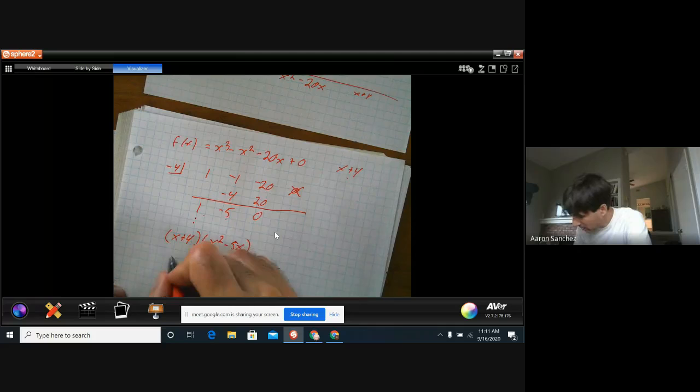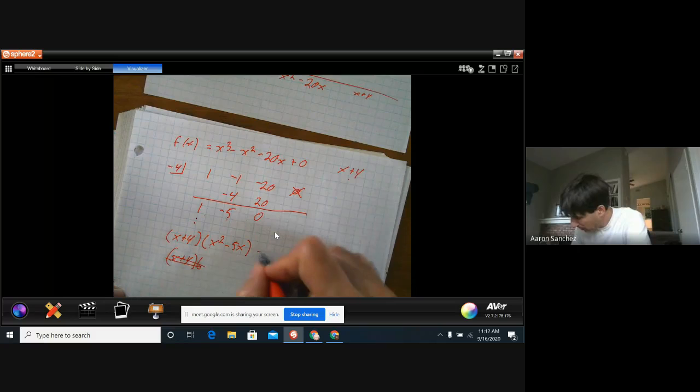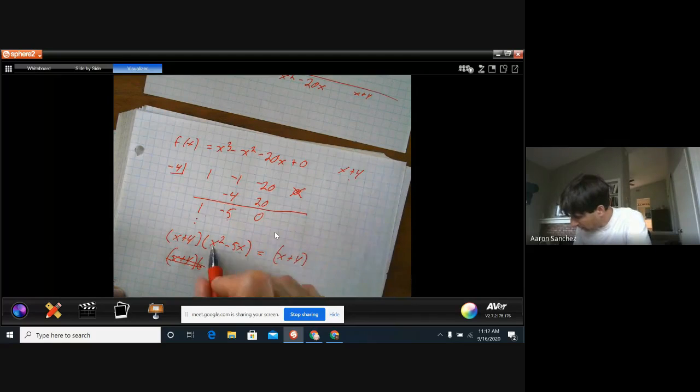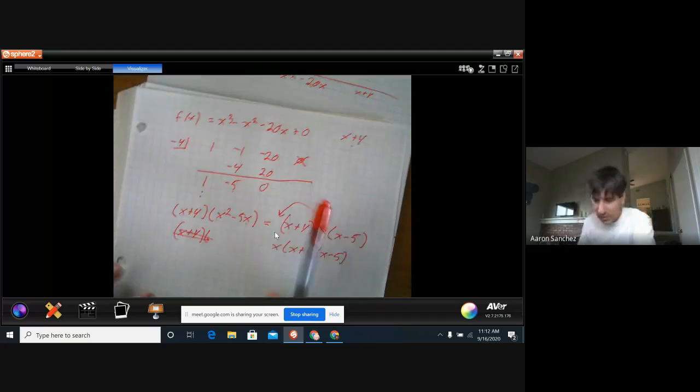So x plus 4 is a factor. I can factor out an x, so that is x times x minus 5. Bringing this x in front, x times x plus 4 times x minus 5. And that's it factored completely.